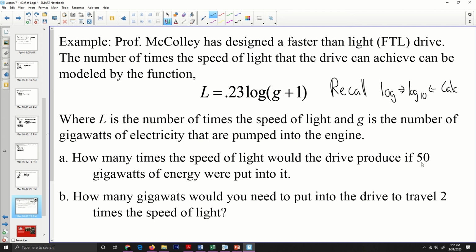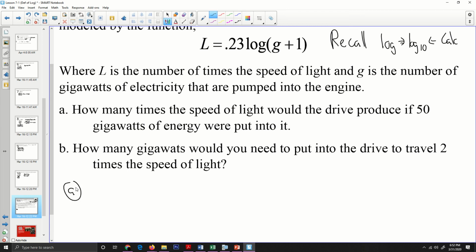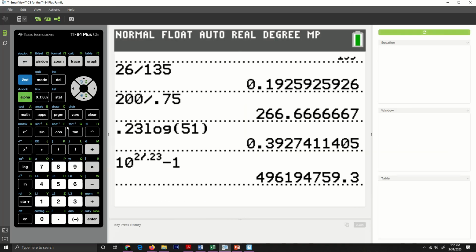Well, if they give me 50 gigawatts, that's a G. I can plug this in and just do that calculation. So for part A, I just have L equals 0.23 log of 50 plus 1. All right, well, that's a calculable value.